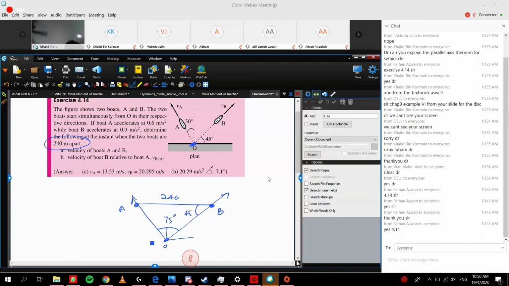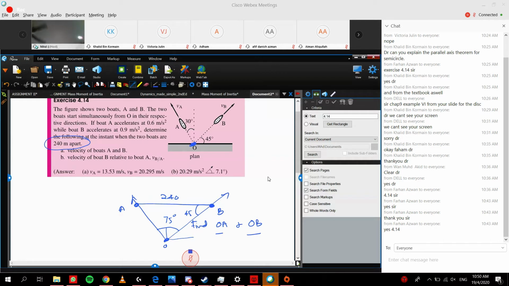Using the sine rule, you should get the distance of OA and OB. Why do you need to find this? Because once you know the distance of OA and OB, then you can know the velocity at that particular instant.